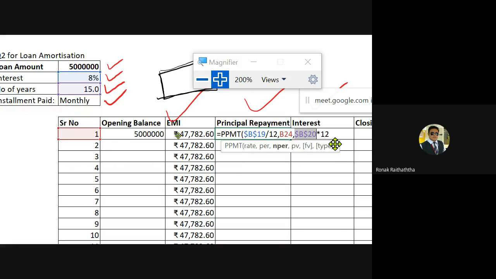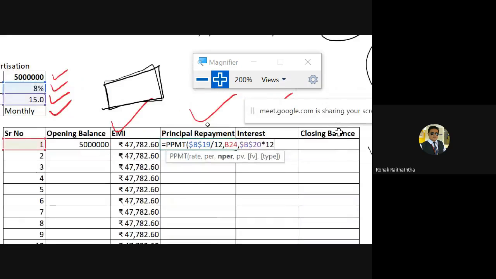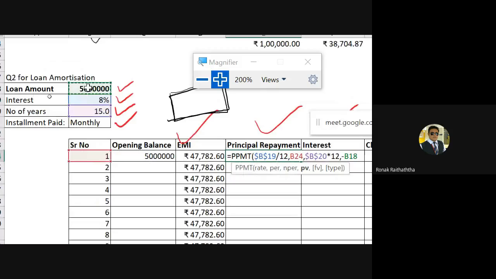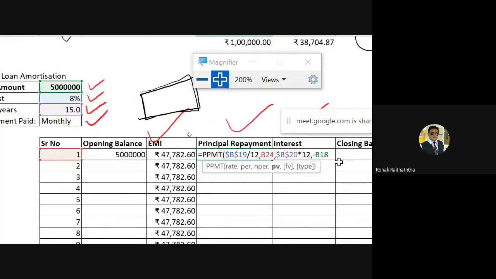F4. कॉमा, नंबर ऑफ पीरियड्स. हो गया, PV minus and the amount of PV, that is the loan amount, which is the total loan amount, not the opening balance. Please put it in the back of your mind. That should also remain same for each and every formula we insert, right? So what I'll do, I'll go between B and 18 and I'll again press F4.